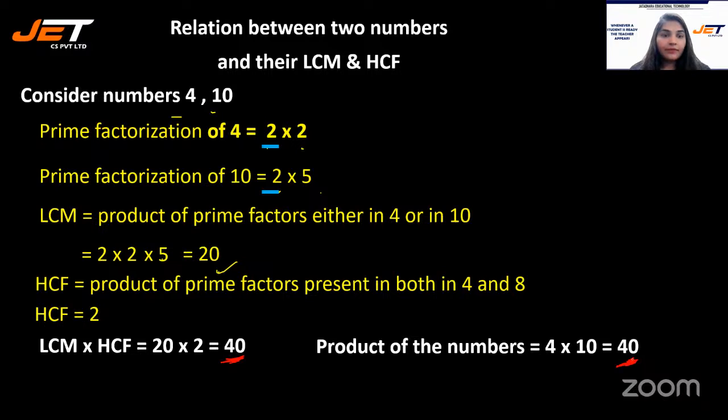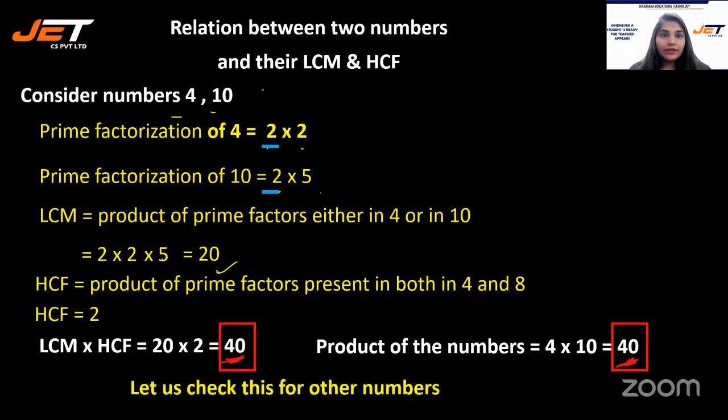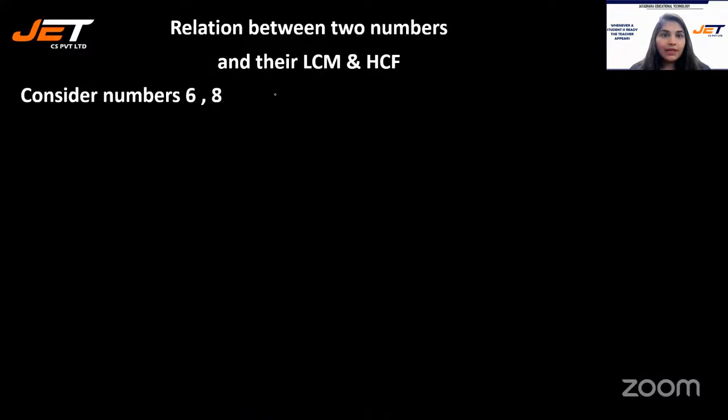Okay, so like this, right? LCM and HCF product is equal to the product of numbers. Now let's check this for other numbers as well. So 6 and 8, find the HCF and LCM, then the relation.